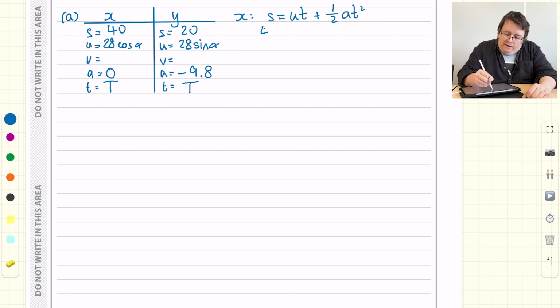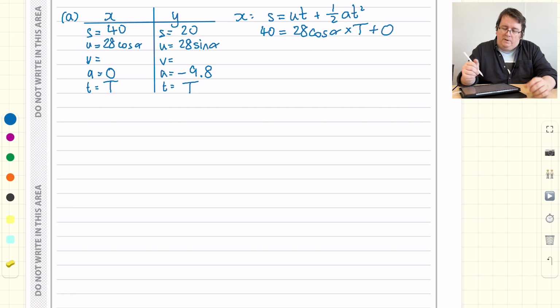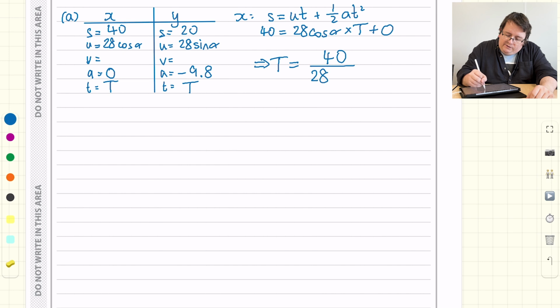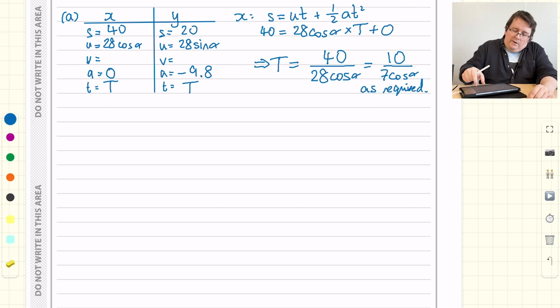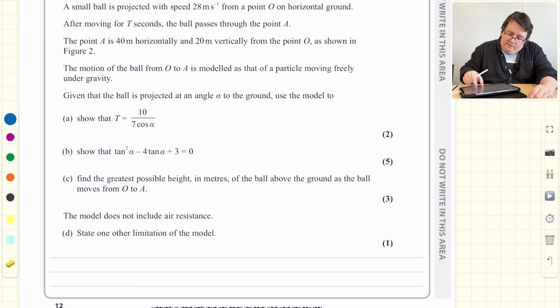So we've got 40 is equal to 28 cosine alpha times capital T, plus a half at squared, which is 0 because a is 0. So T is 40 over 28 cosine alpha. 40 over 28 divided by 4 is 10 over 7. And that's what we wanted. So as required, 10 over 7 cosine alpha. Okay?